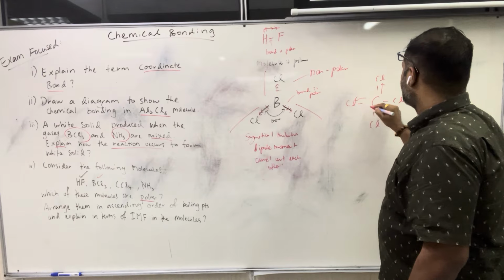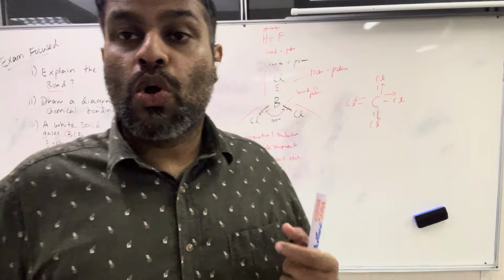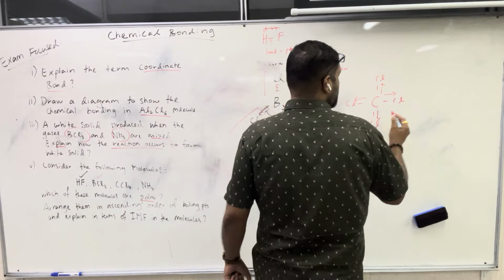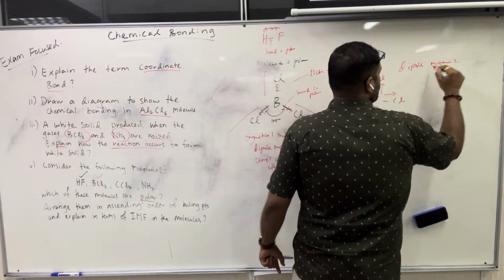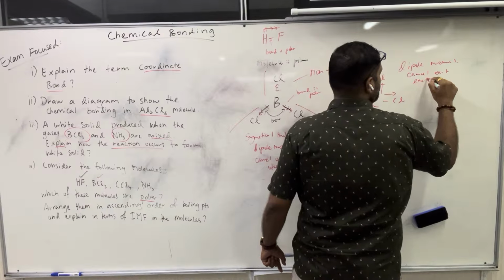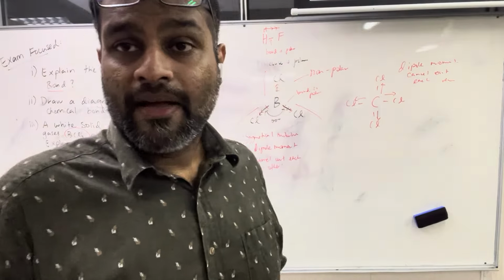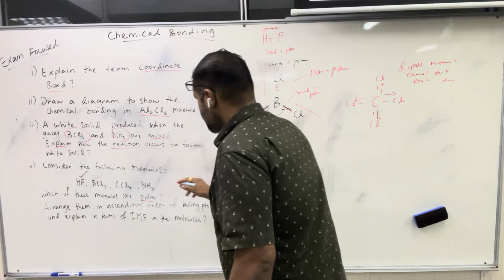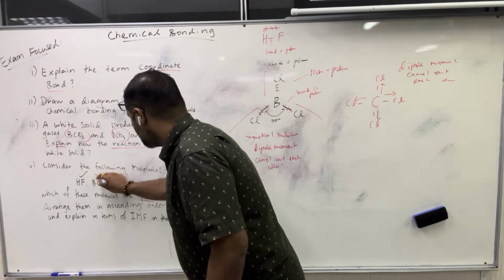Because chlorine draws the electron closer towards itself as an electronegative atom, and the dipole moments cancel out each other. So whenever they cancel out, this is a non-polar molecule. And then the last one is ammonia. So this is non-polar and this is non-polar.